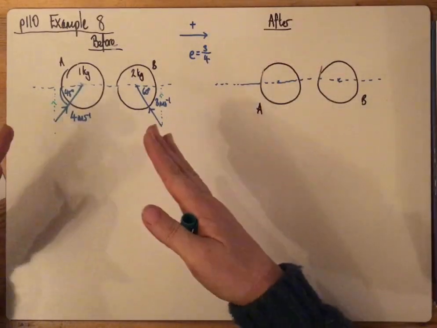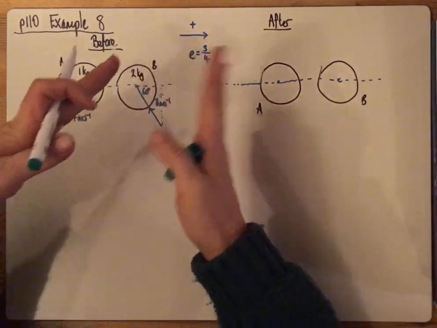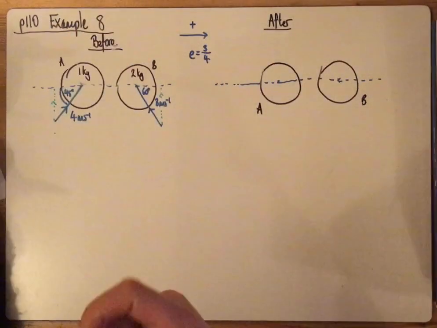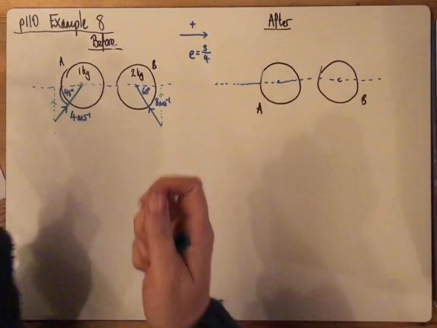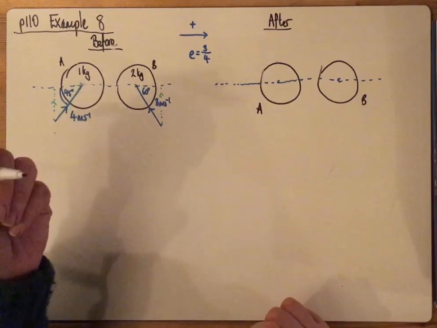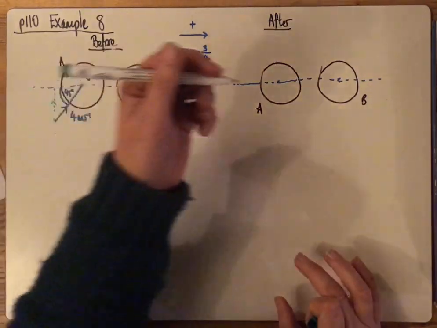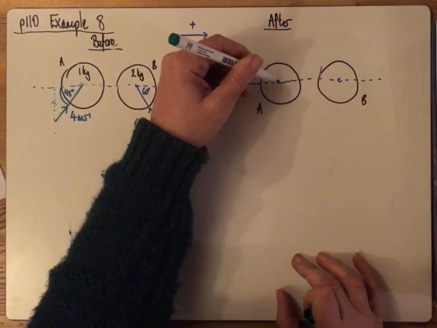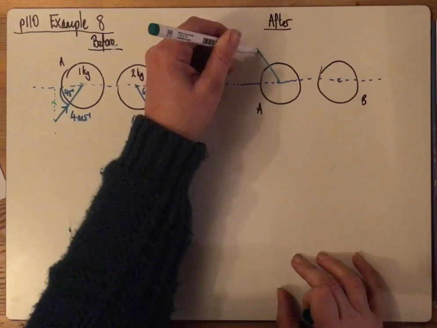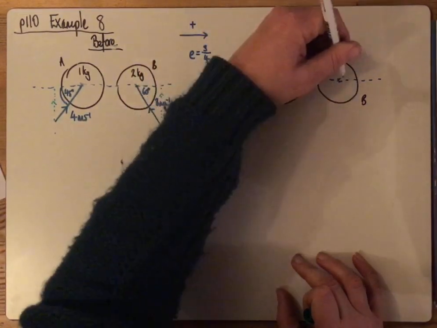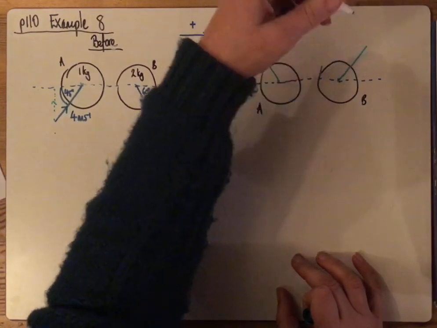It's possible they could be coming in and they could kind of knock off that way, but I would go with coming in, going apart for these, and so we can put A going in this direction, not quite sure how it's going to look, and B off in this direction.